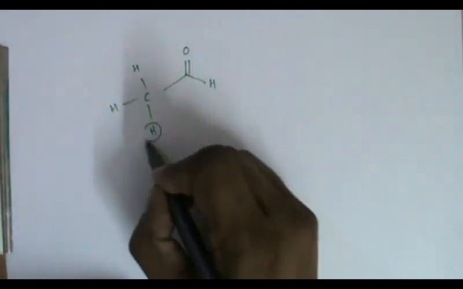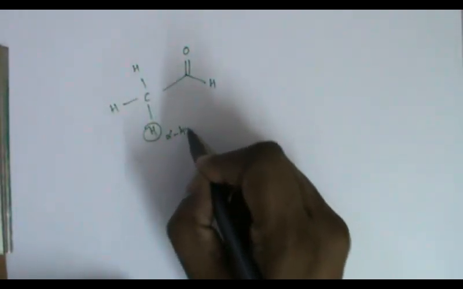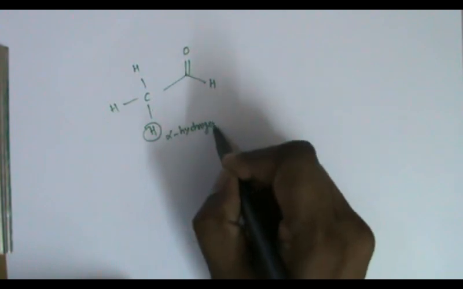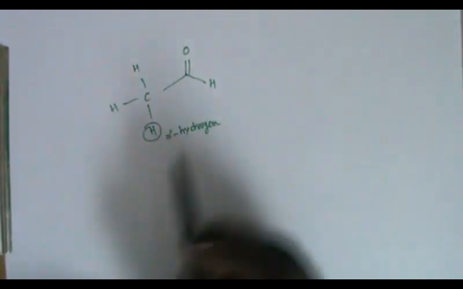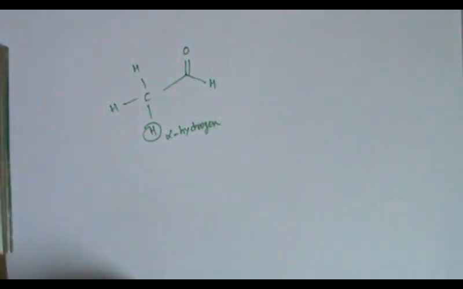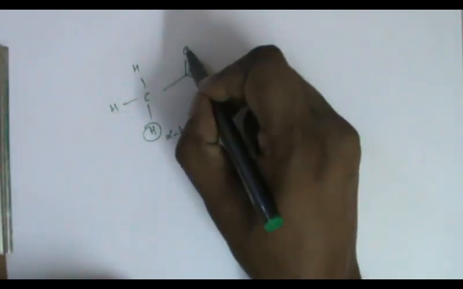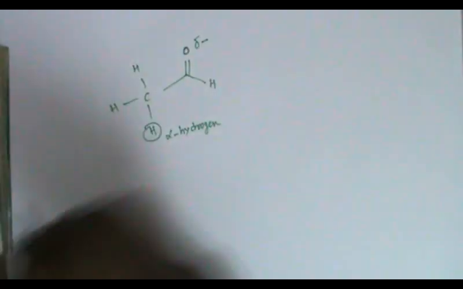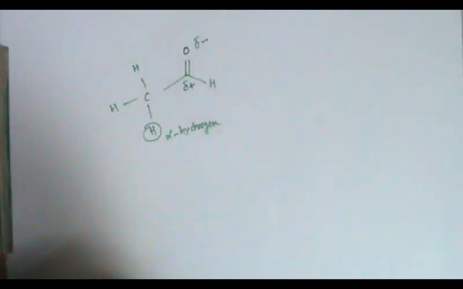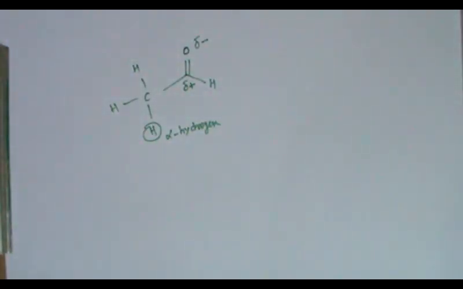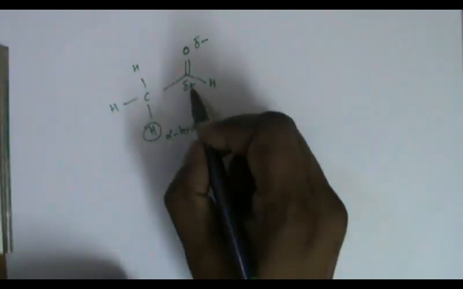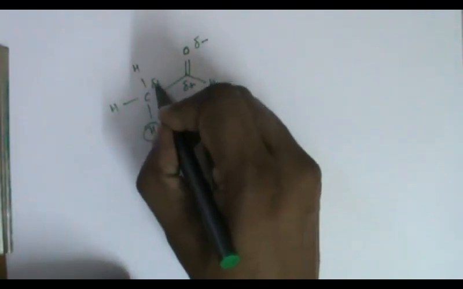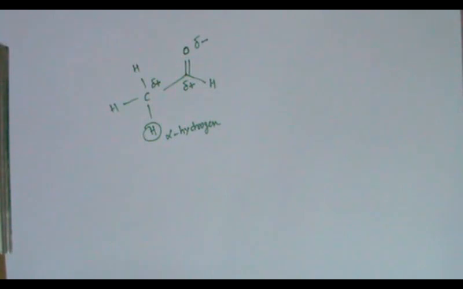Even the acidity of this alpha hydrogen can be explained based on electronegativity. For example, since oxygen is more electronegative, we get del minus on that and del plus here. Since there is del plus, there will be some del plus on this carbon also.